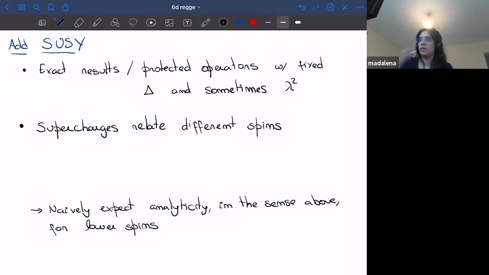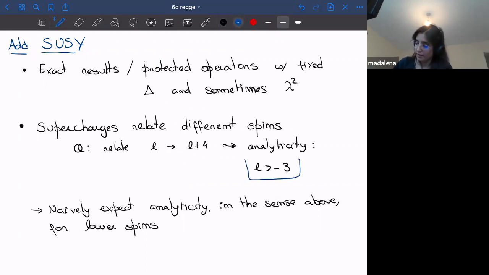And so in particular for (2,0) theories, the supercharges relate a spin L with a spin L plus 4. And so naively, this would get you to expect that you have analyticity to lower spins. This is just a naive argument. We'll do a little bit better. But naively, you would expect analyticity for spin bigger than -3, which now includes all relevant spins in your theories. So now you can actually reach the whole CFT spectrum with the inversion formula.